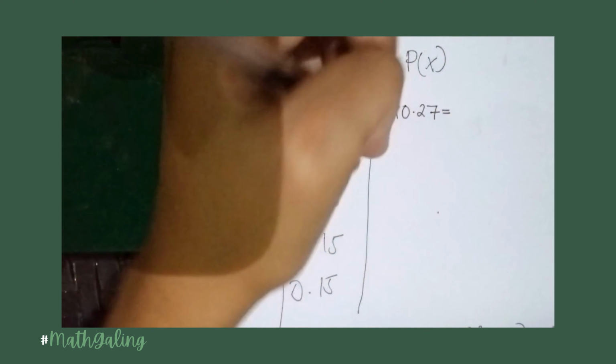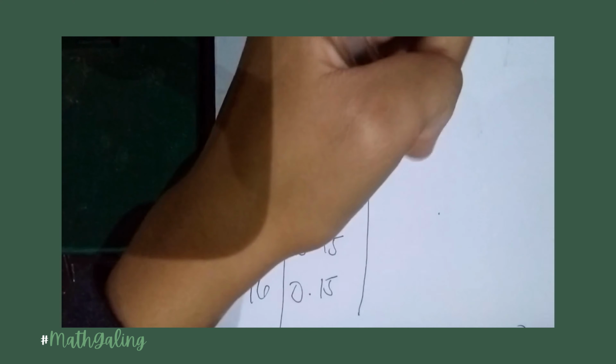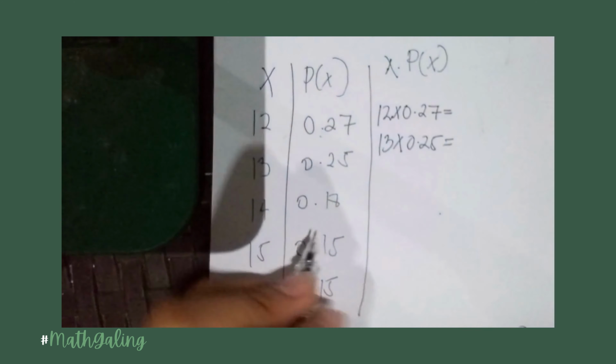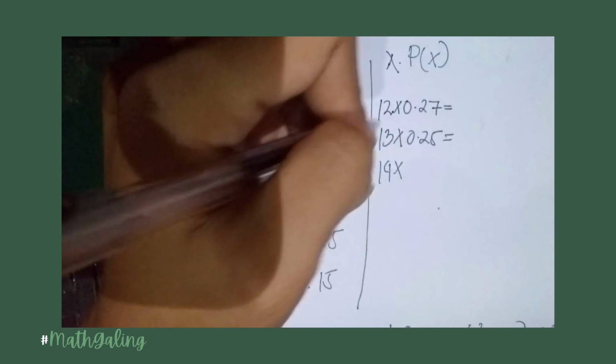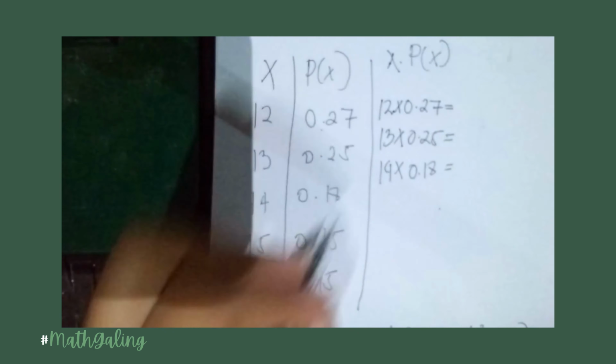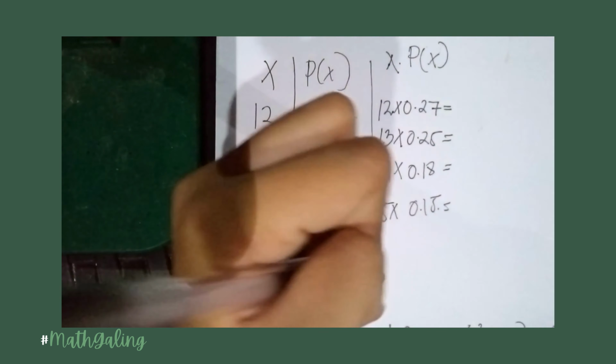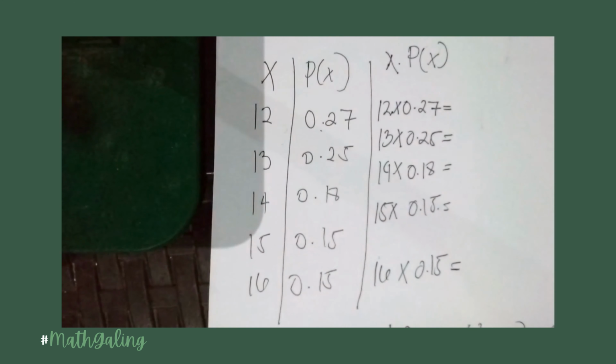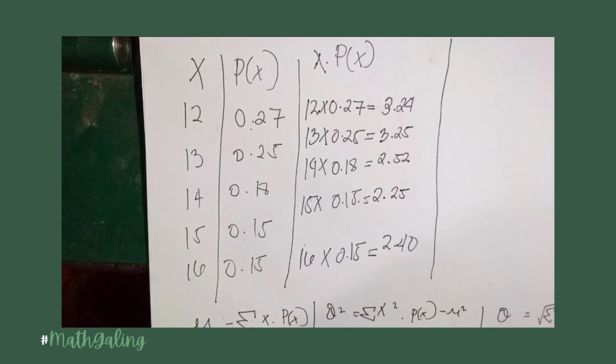We have 12 times 0.27, 13 times 0.25, 14 times 0.18, 15 times 0.15, and 16 times 0.15. And now these are the answers that we have. We now have the products of the possible values and their corresponding probabilities.